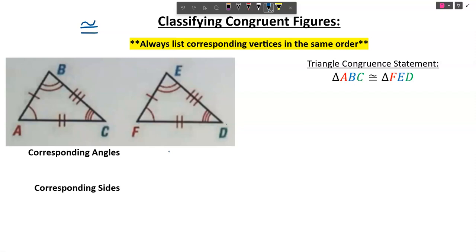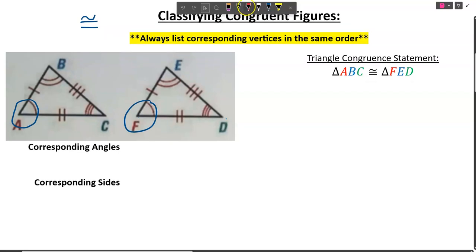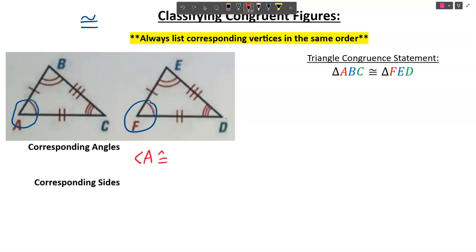On this one, yes, I could trace it out and show you that they're the same, but the markings are what tell me what's congruent here. For example, angle A and angle F both have a single arc congruence mark on it, which tells me that they are equal, and therefore they're also congruent. So angle A is congruent to angle F.